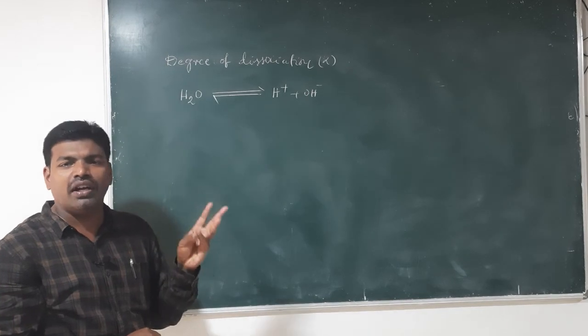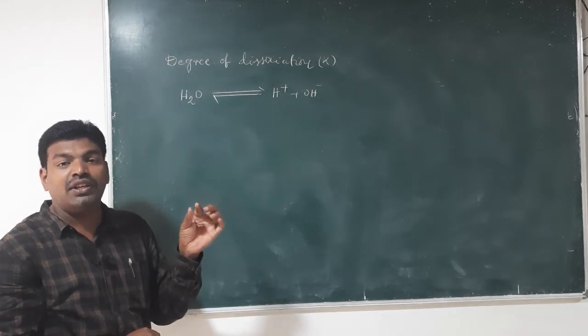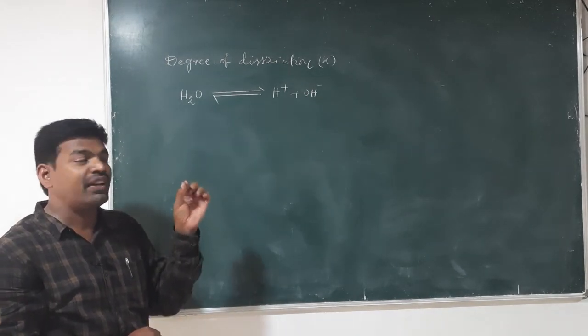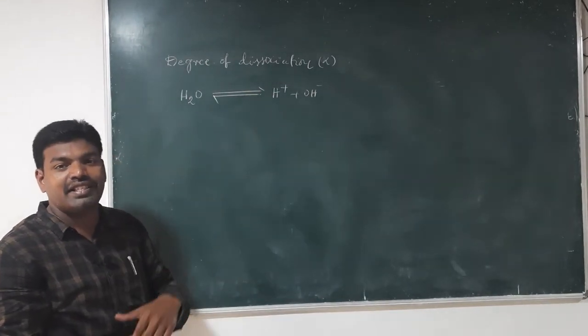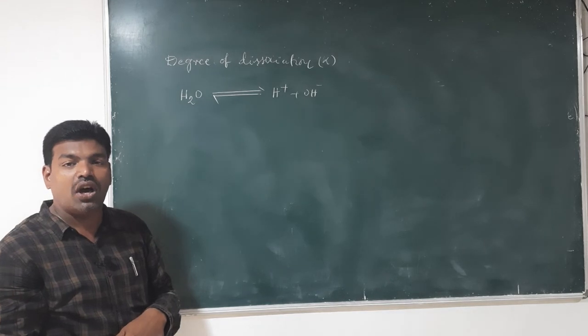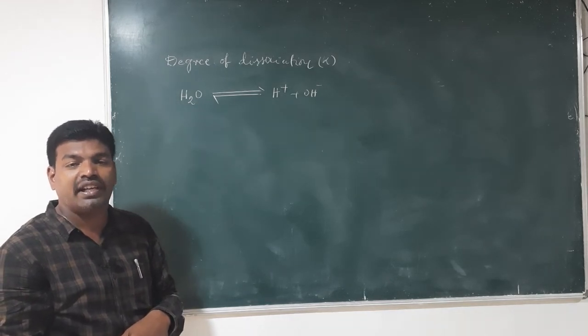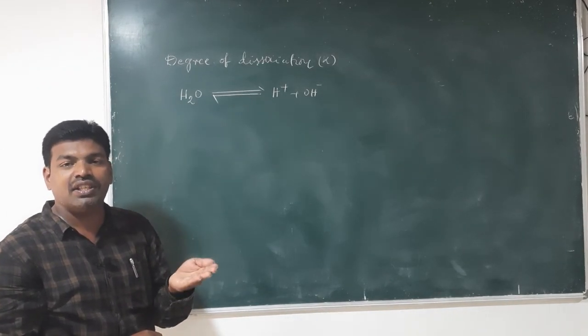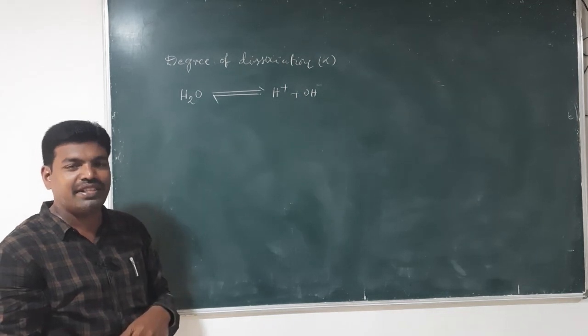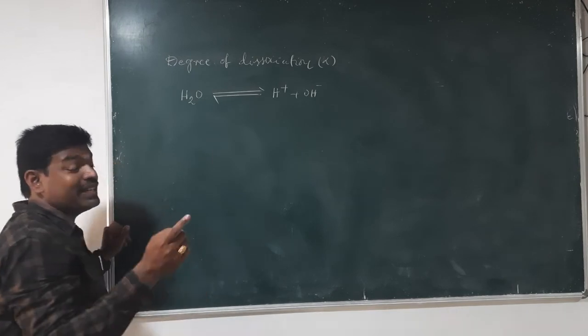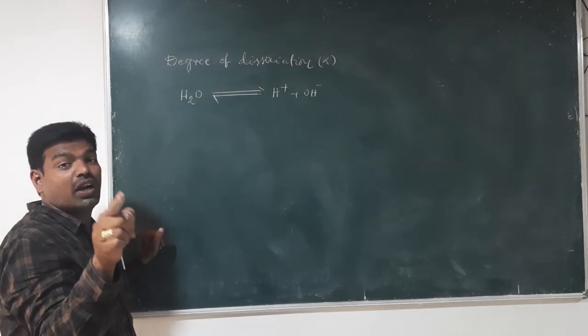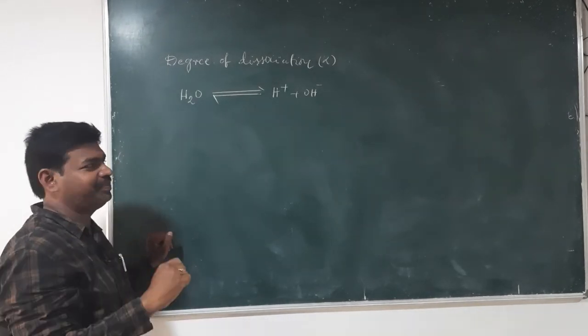Whatever it is, water, acid, base, if we write a double-headed arrow, that indicates partial ionization or partial dissociation of that water, acid or base, right? So it undergoes partial dissociation, that means it does not undergo complete dissociation.